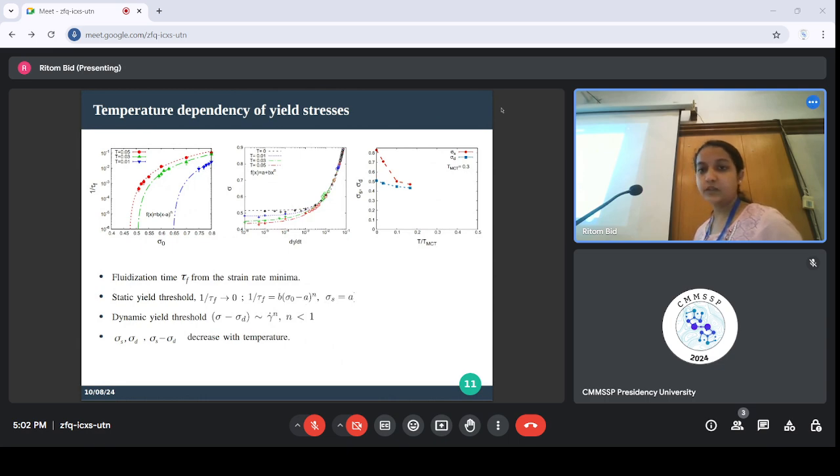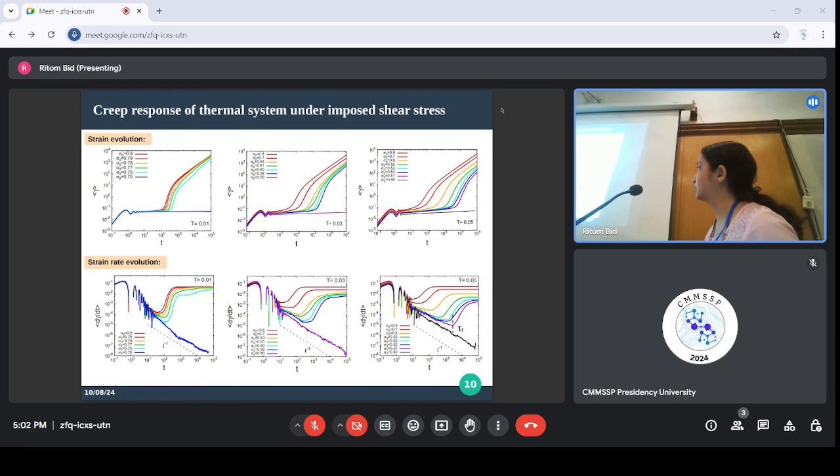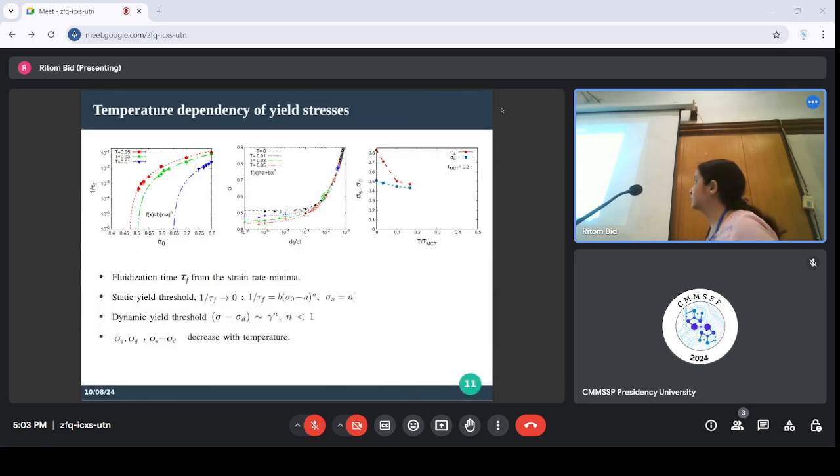Now we have determined both the static and dynamical yield stress, and for that we have first denoted the fluidization time from this minima position, and plotted the inverse of tau f with applied stress.